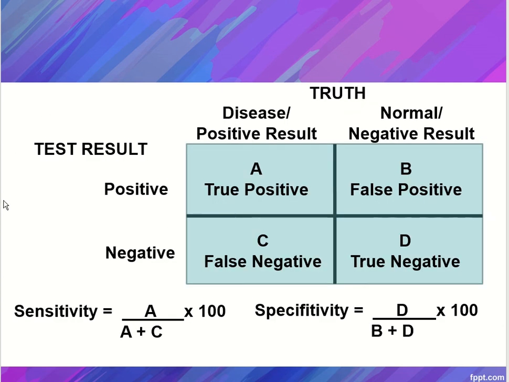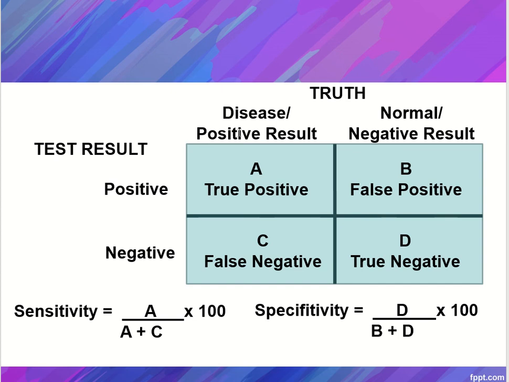So you can do the experiment. You can select the true positive and true negative, you test, you get the result, and then you plot into this diagram.